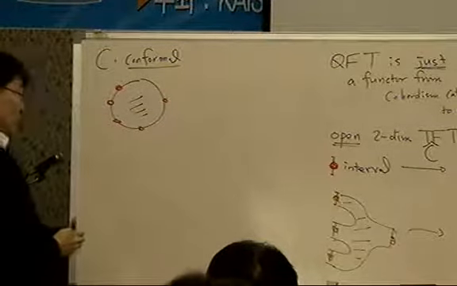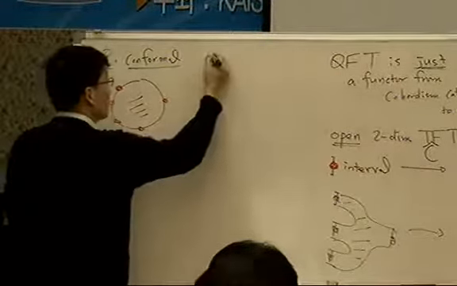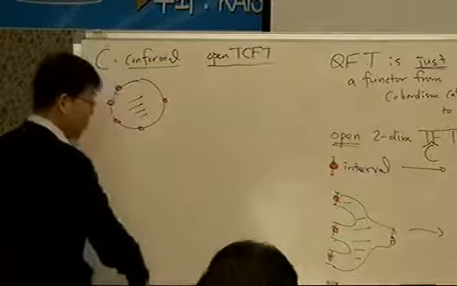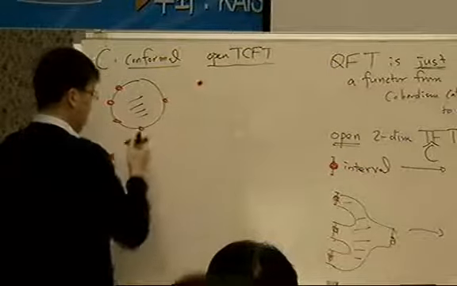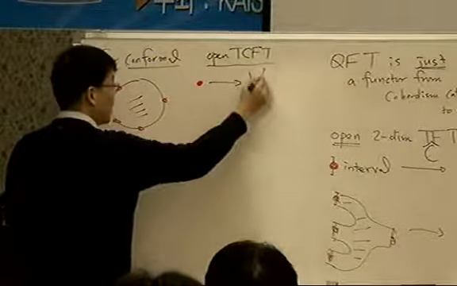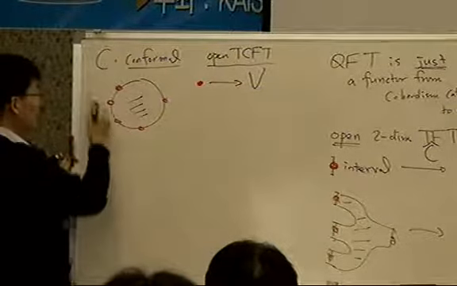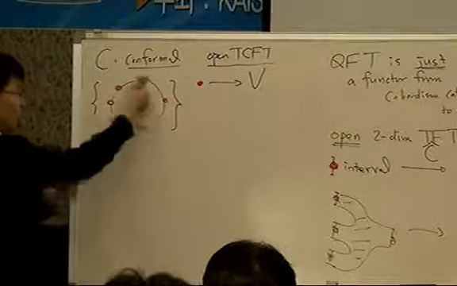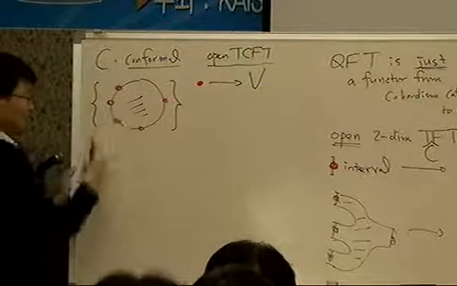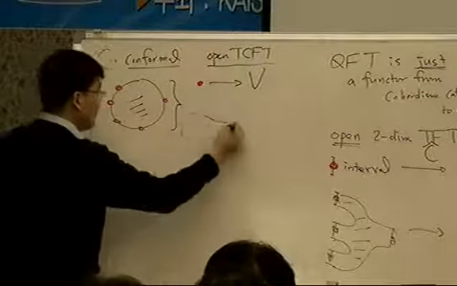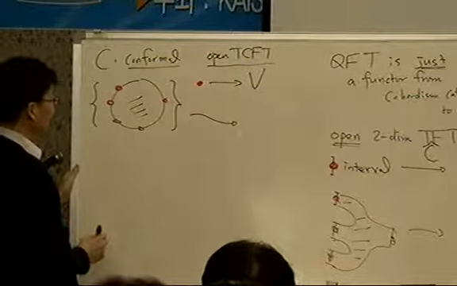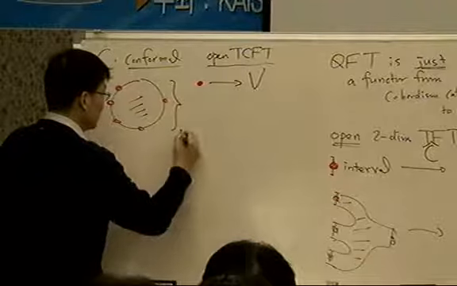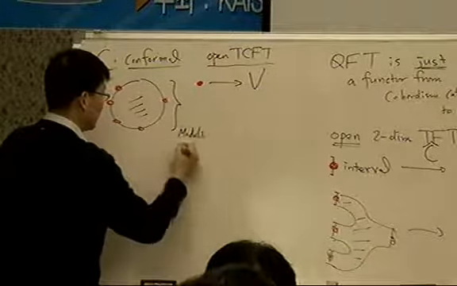So in this open TCFT, what this means is for a point, we associate a vector space V, and for the moduli space of configurations of red points on a disk, we'll consider this moduli space.